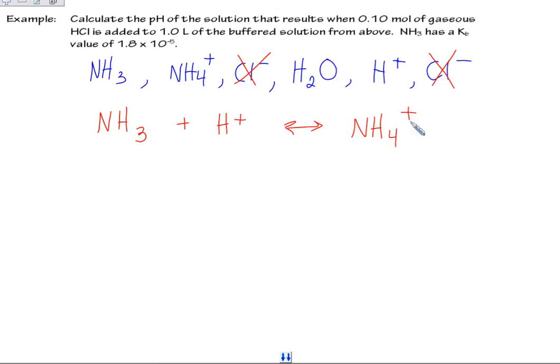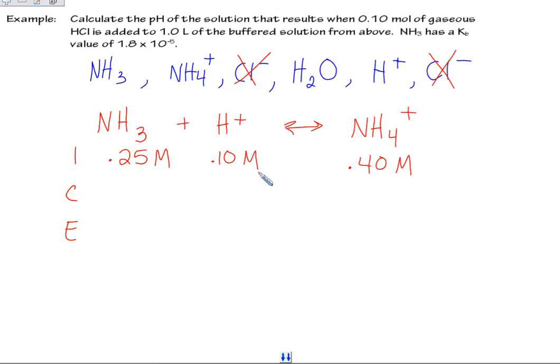So we write down what we know. I'll start this as an ice table. The original buffered solution was 0.25 molar ammonia and 0.4 molar ammonium ions. And now we're adding hydrogen. We're adding 0.1 moles of hydrogen per liter of solution.